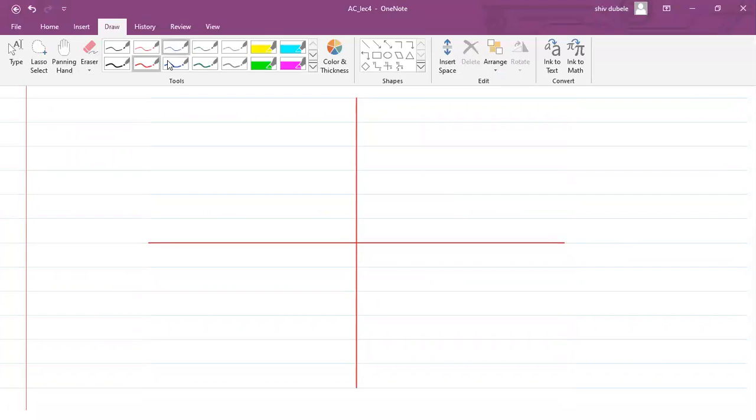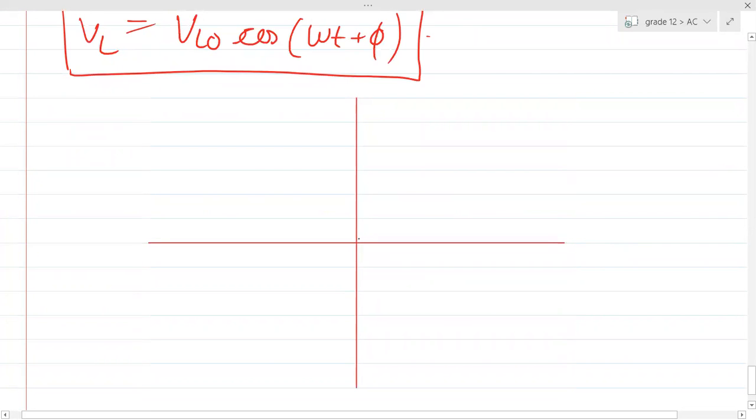Now, can anyone tell me where exactly the current was? The current was like this. Can you see what is the initial phasor of this thing? What is the initial phase at t equals to 0? I'm drawing the whole thing. What is the initial phase of this thing? Phi, right?